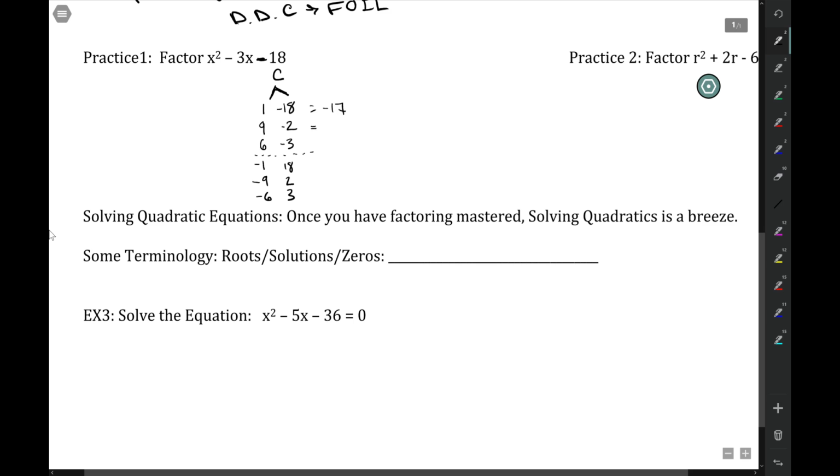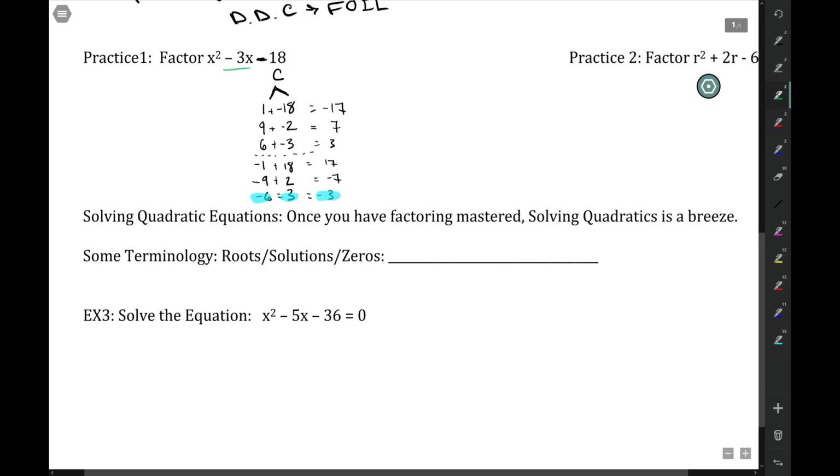Okay, this gives me negative 17. When I add these, it gives me 7. When I add these, it gives me 3. Add these, I get 17. I get negative 7. And you got negative 3. There's the one I want, because there's my b value.